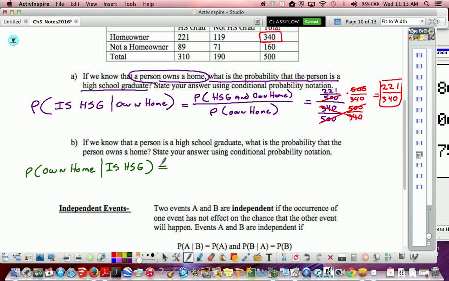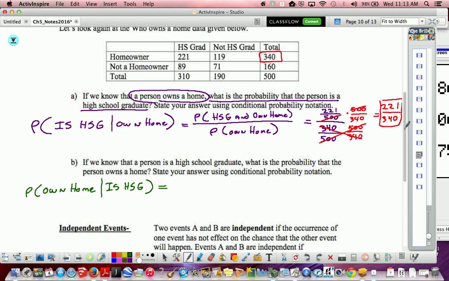Just curious. Anyone know what this answer is going to be? 221 out of 310 is correct, because you're concentrating on, you know they're just high school graduates. So you're only focusing on those 310 people. Of those 310 people, how many of them owned a home? 221. So if you can get to that answer right away, excellent.